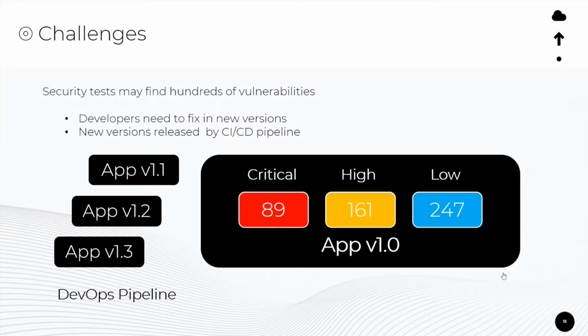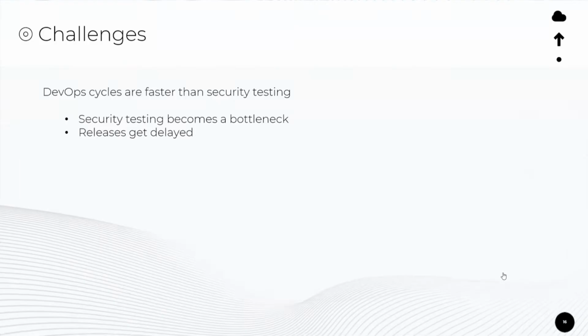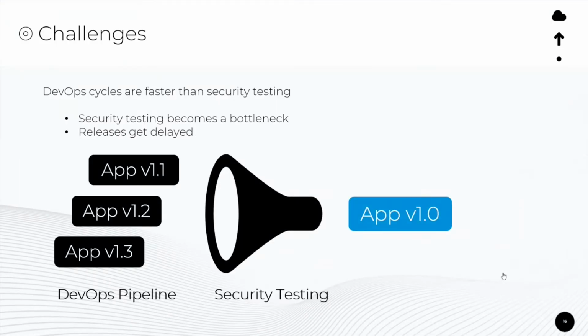This will again increase the time required to release all these versions, because you have to fix all of these security vulnerabilities every single time if you perform the security test in the end. And this creates a bottleneck as well. You have to perform the security testing, and then create the next versions.